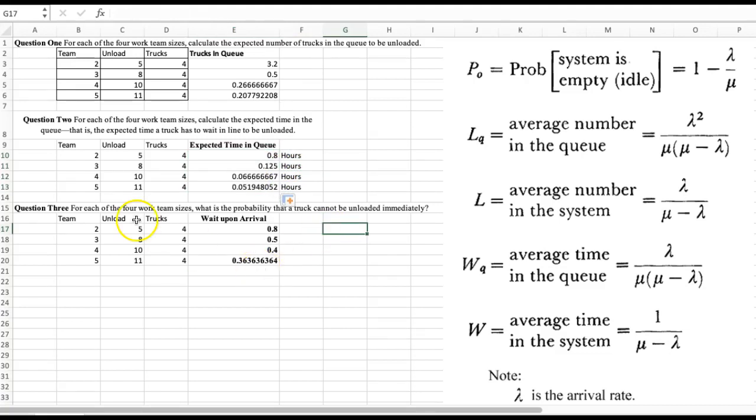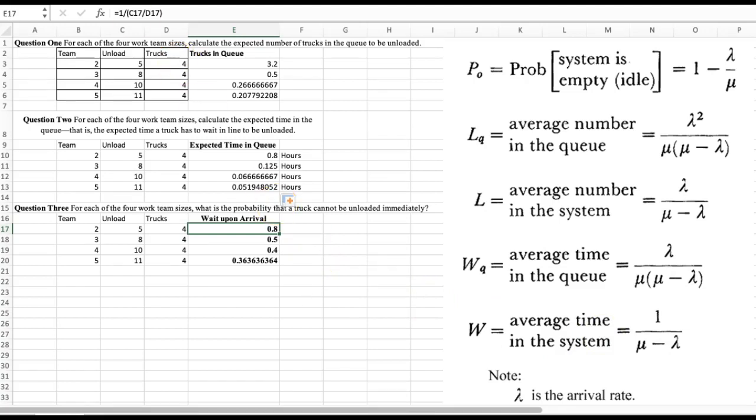Now the next question, question 3, is for each of the 4 work team sizes, what's the probability that a truck cannot be unloaded immediately? All right, so here we have 5, 8, 10, and 11 as the unloading ability. The trucks in the queue is 4, 4, 4, 4 again. We're going to do a little bit of customization of this one, our average time in the system.